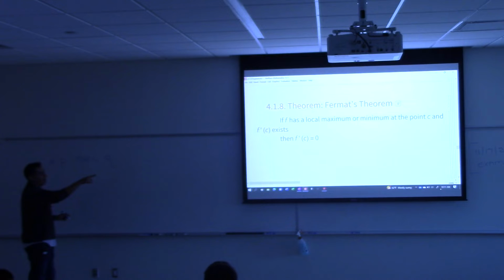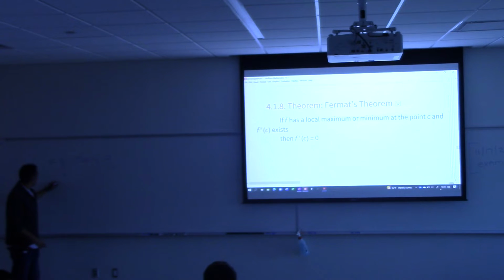This theorem is saying if, right, what's the condition P? Well, if f has a local max or min at some point c. That's the condition. And what else? It says the derivative exists.